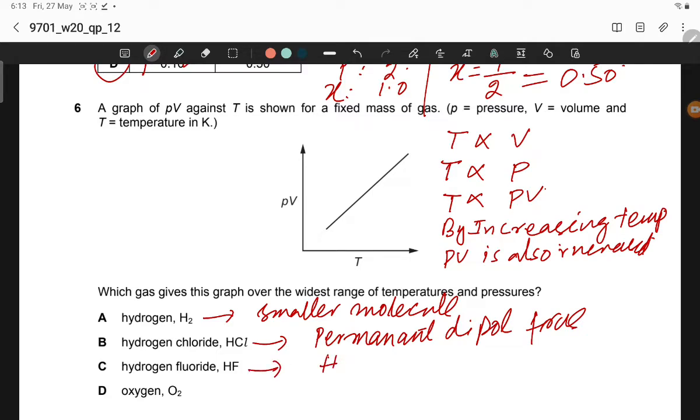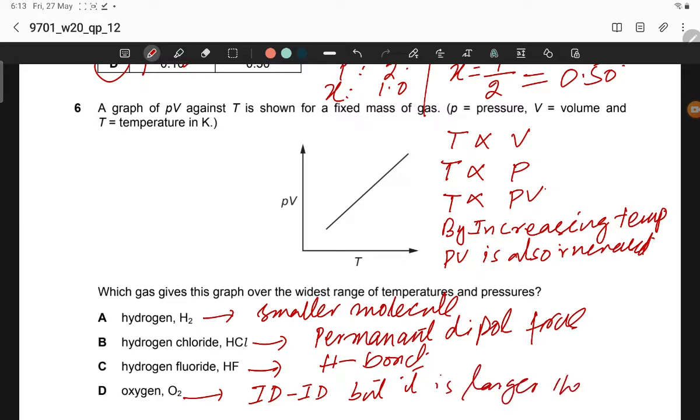HF has hydrogen bonding, and oxygen has ID forces, induced dipole forces, but it is larger than hydrogen. So hydrogen is a smaller molecule and has ID forces.